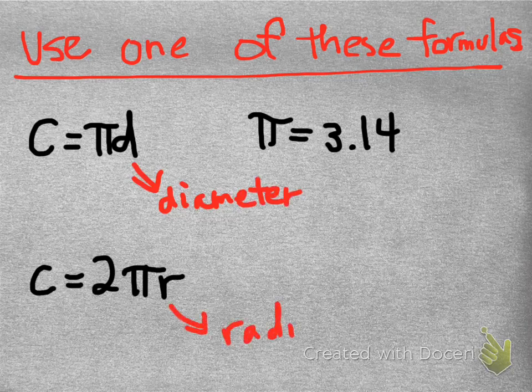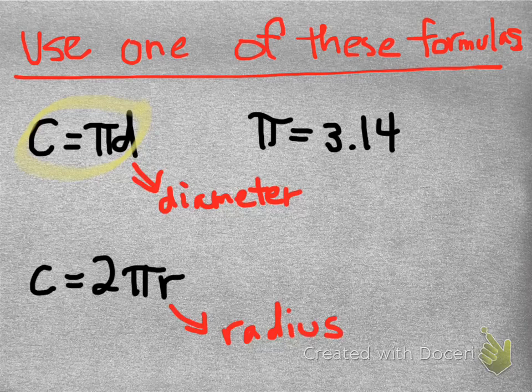So it depends on the information that your problem gives you. Going back to the circle with a diameter of 5, we would use this formula here. So we're going to solve for that right now.